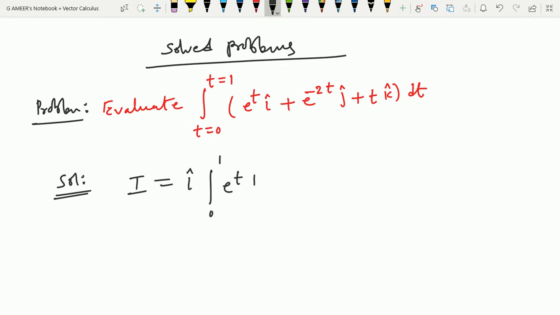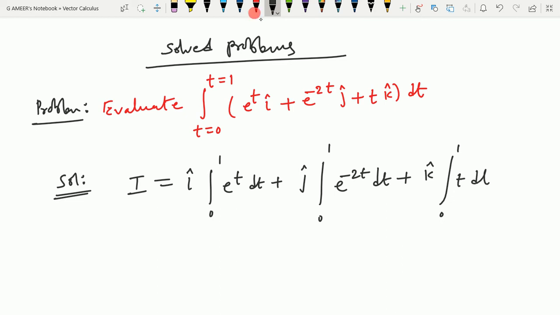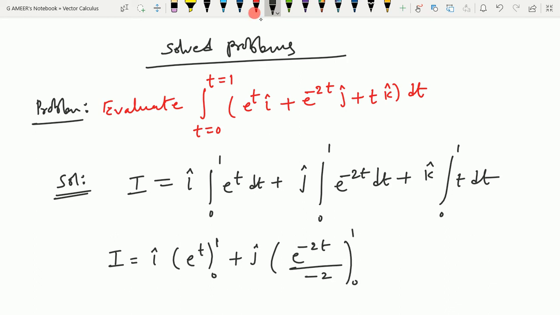So x component 0 to 1 e power t dt, y component 0 to 1 e power minus 2t dt, z component 0 to 1 t dt. So I is equal to i times the integral of e power t, which is e power t, limits 0 to 1, plus j times e power minus 2t, which is e power minus 2t by minus 2, limits 0 to 1, plus k times t square by 2, limits 0 to 1.